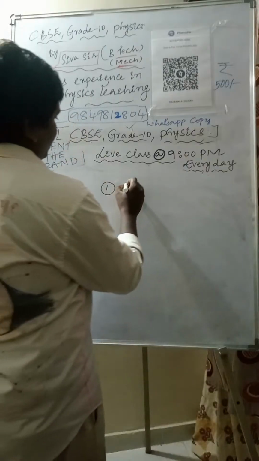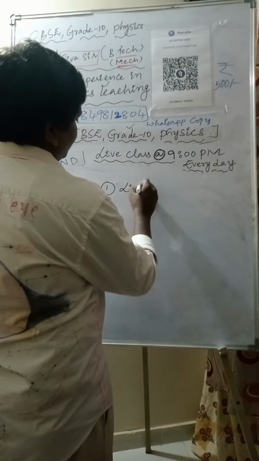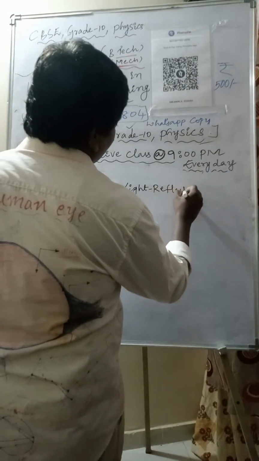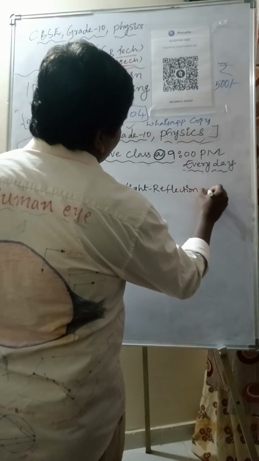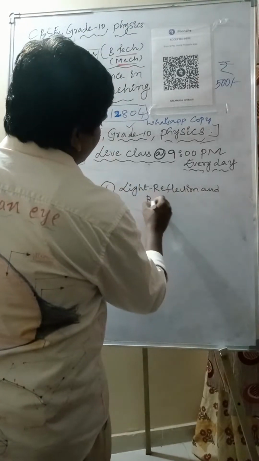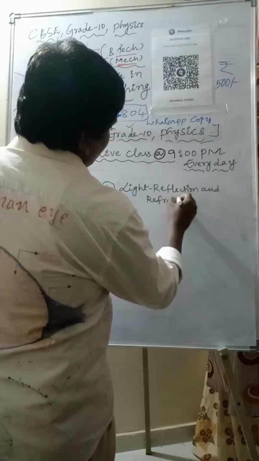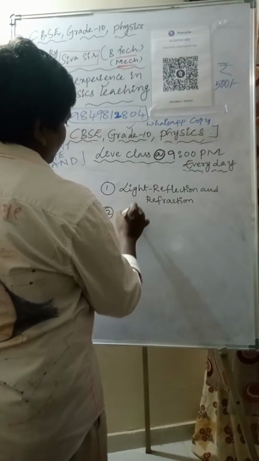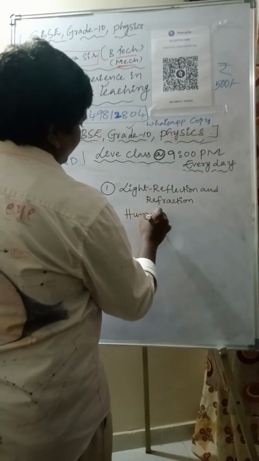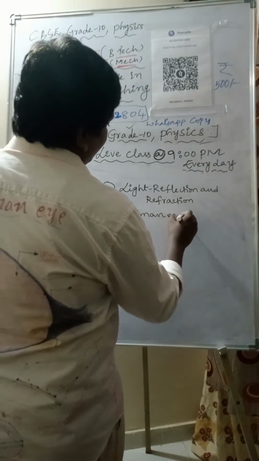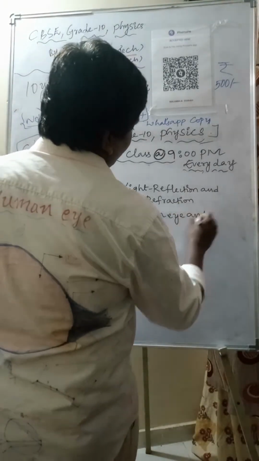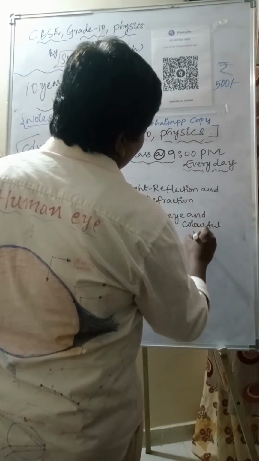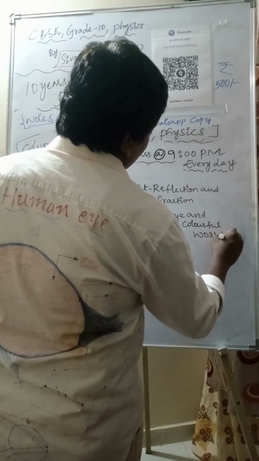Here, first is light: reflection and refraction. Second one is the human eye and the colourful world.